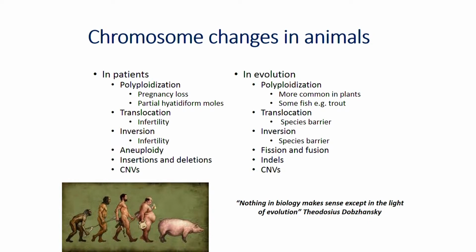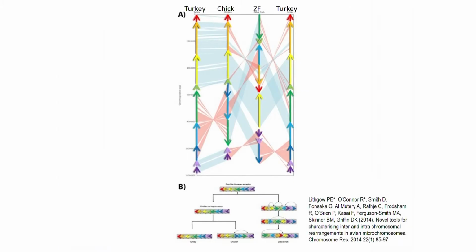Same for inversions. Now, we don't get much aneuploidy in evolutionary studies, but we get a lot of fissions and fusions, insertions, deletions, and CNVs, and so on. And if you want to understand biology better, then looking in the context of evolution is never such a bad thing. So what do we do in practice?